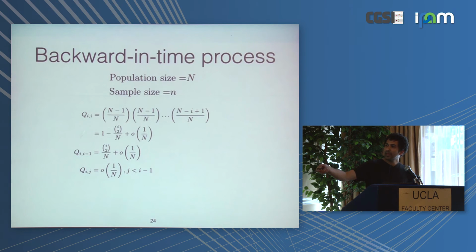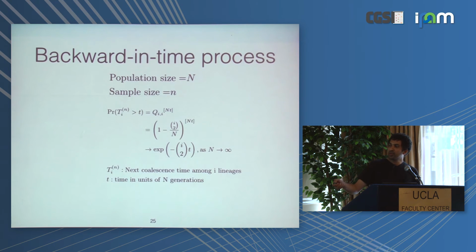The basic idea is this transition density transitions between having i individuals in the next generation given i in the previous generation. You can have a coalescence which reduces the number of individuals by 1. And of course, you can have multiple coalescences that reduce the number of individuals by more than 1. As the population size becomes very large, the chances of having multiple coalescences decrease. And so you either stay in the same state or you decrease by 1. Right?